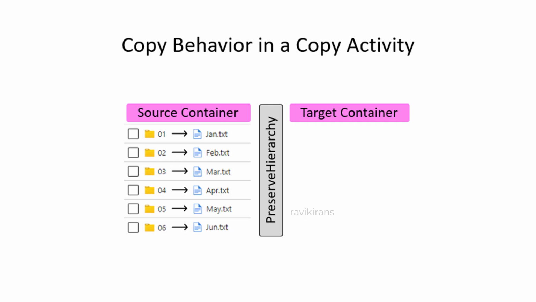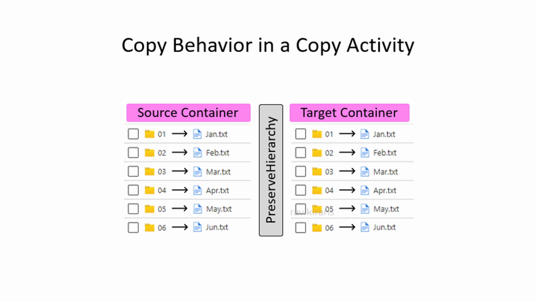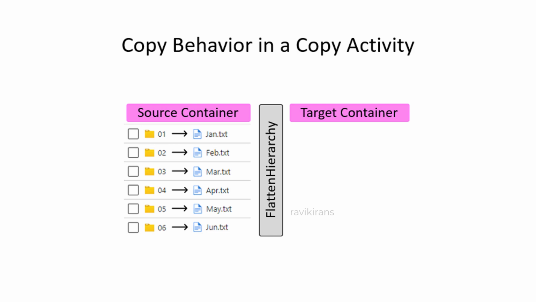If there are multiple files and folders for a copy activity, the preserve hierarchy copy behavior will preserve the same hierarchy in the target container. The flatten hierarchy will copy all files from the source container into the first level of the target container.